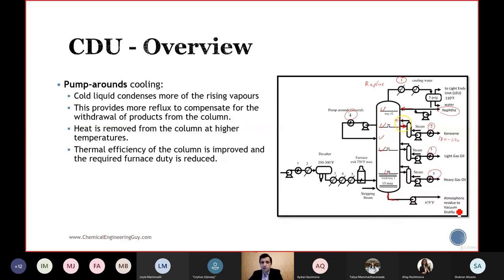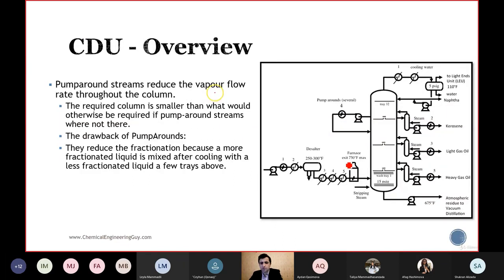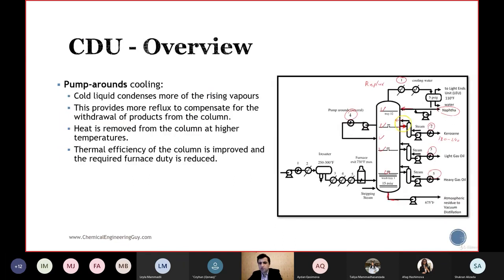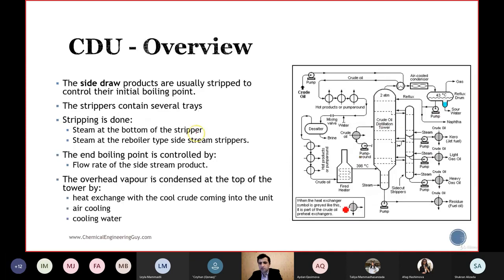These pump arounds have the, I think, yes, when the heat exchanger symbol is gray like this, it's part of the crude oil preheat exchangers. As you can see, these heat exchangers are part of the heat exchanger network here.